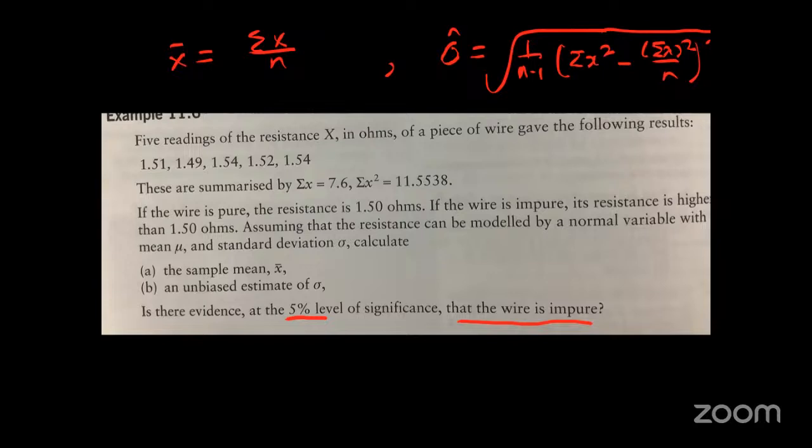I get a really small value for the standard deviation. Yeah, that's okay. What do you get for x bar? 1.52. You just take 7.6 and divide by the number of values. That's correct. What's the sigma hat?